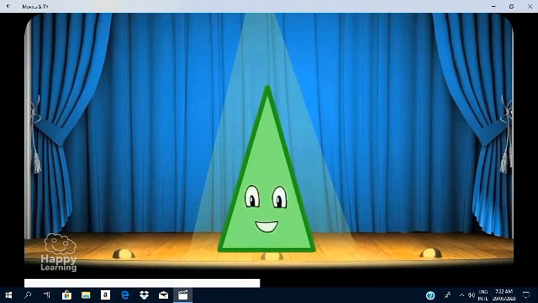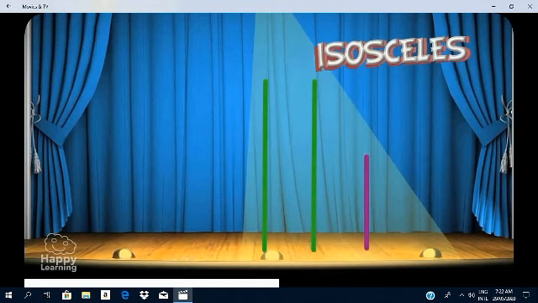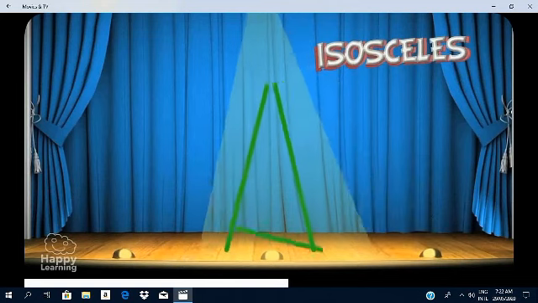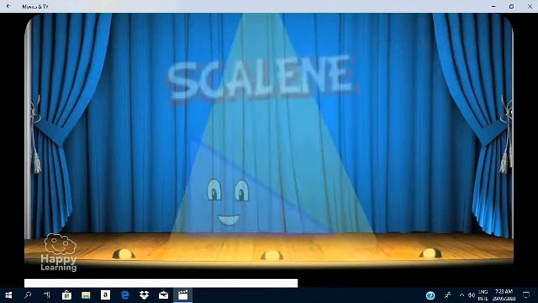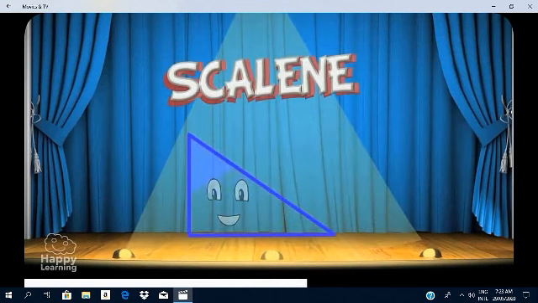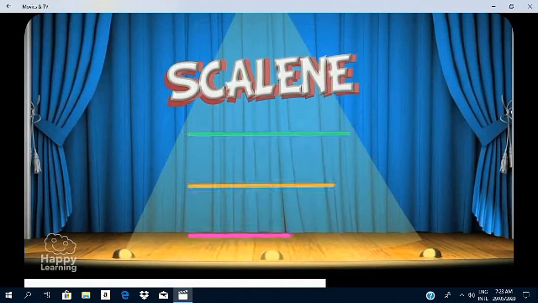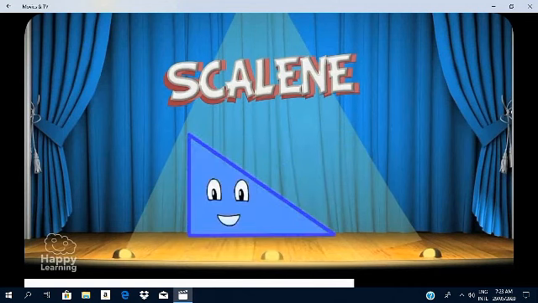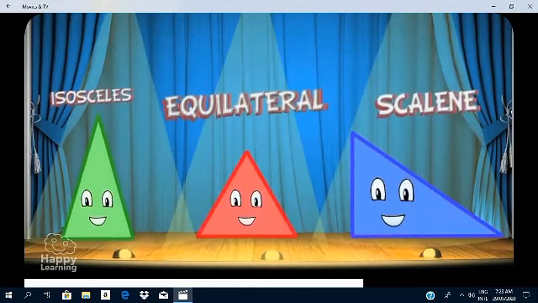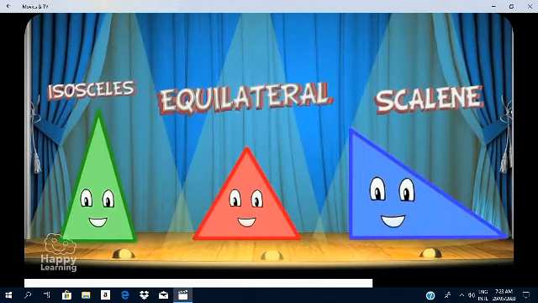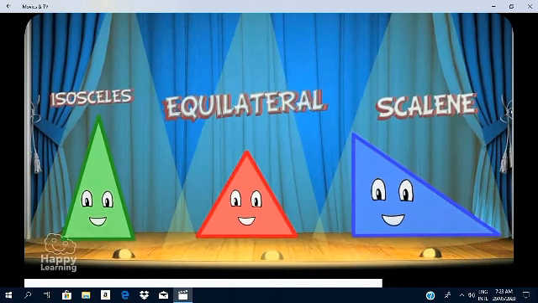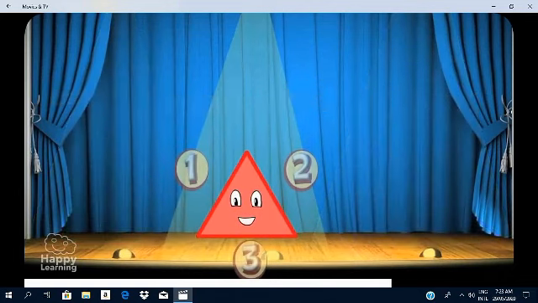So two sides have the same length, making them equal, while the last side is a different length. Scalene triangle, no sides are equal. All the sides are of different lengths. You can see it being displayed using a mathematical rule.